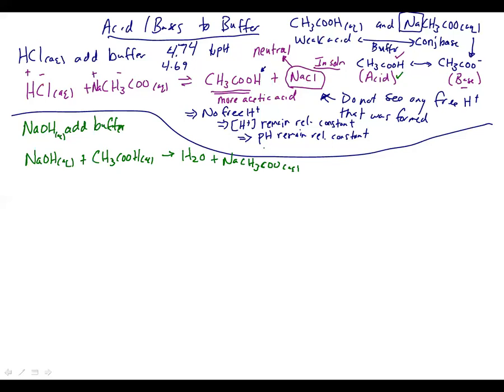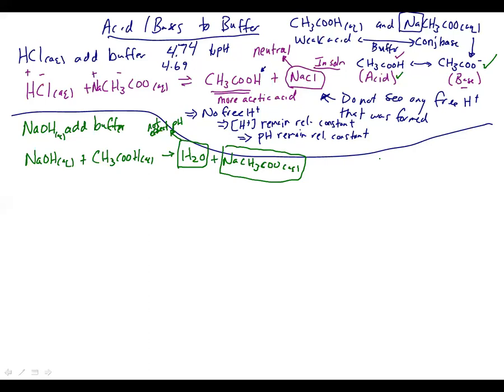And in this case, when we look on the product side, we have generated some water, which again is not going to affect the pH. And we also see that we generated more of the sodium acetate, which was essentially part of the buffer to begin with. And as I mentioned before, that is always what happens with a buffer.